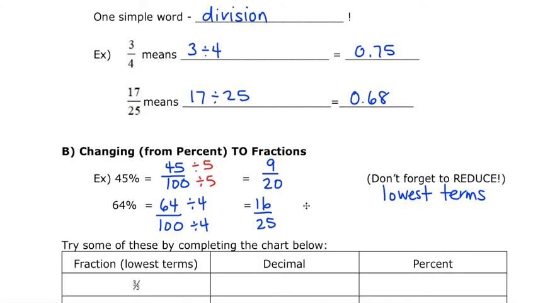So now that we've spent some time taking a look at how we convert from fractions to percents and fractions to decimals, now let's put them all together and complete the chart below.